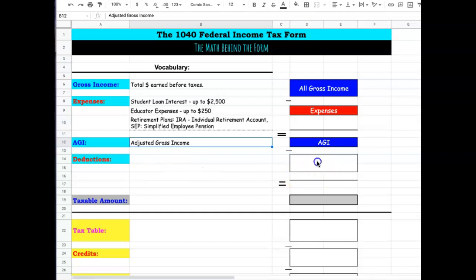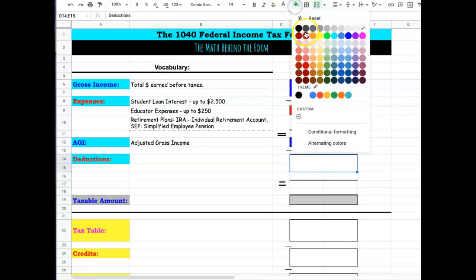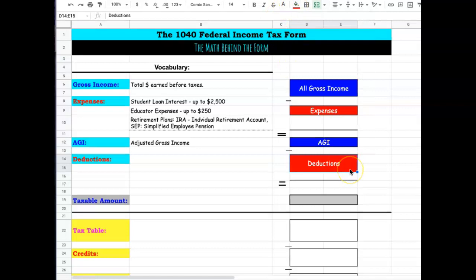So we're going to subtract some more deductions. Everything we type, you type, right? So what are deductions? Let's see what we have here.